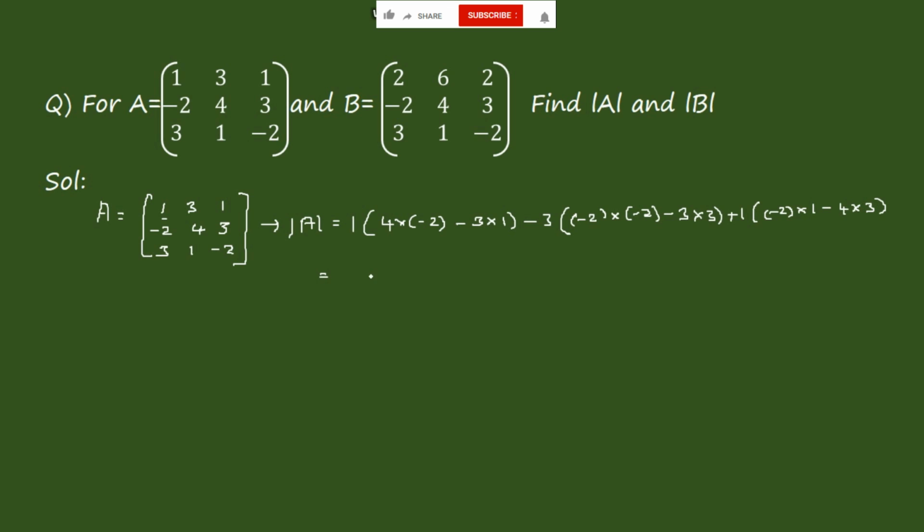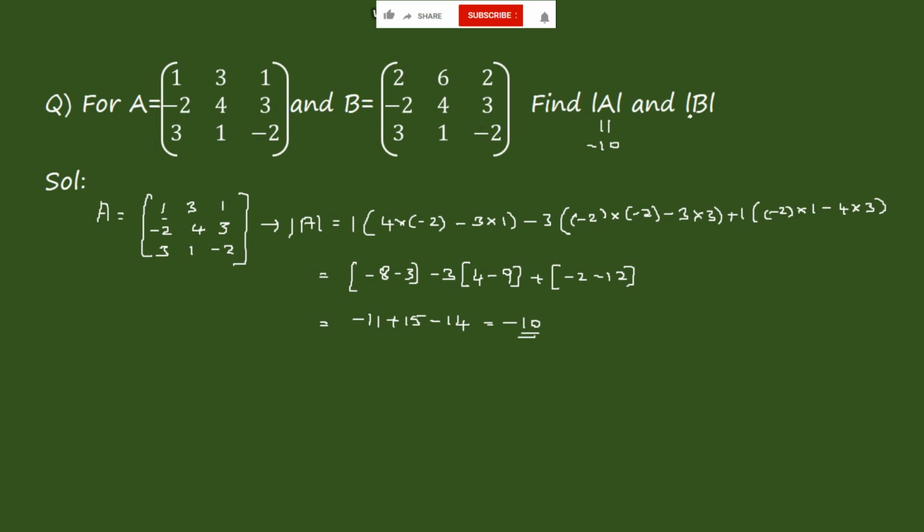First substitute the values: we get -8 minus 3, minus 3 into (4 minus 9), plus (-2 minus 12). So this is equal to -11 plus 15 minus 14, which is -10. So we got the determinant of A equal to -10.